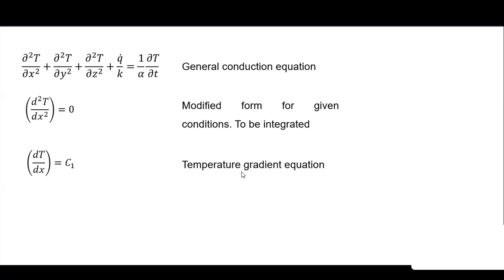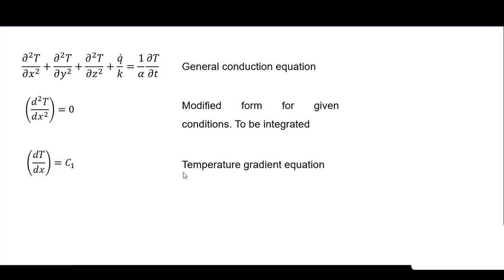This particular equation is called the temperature gradient equation. Now what is the use of this temperature gradient equation? Once you know the temperature gradient, you can use it in Fourier's law of conduction to get the required rate of heat transfer at any location for which the temperature gradient is known to us. So this is where this equation is going to be very handy and very useful.